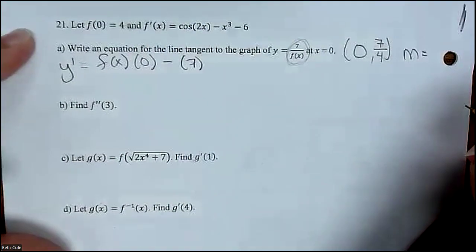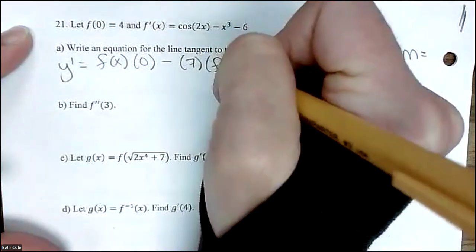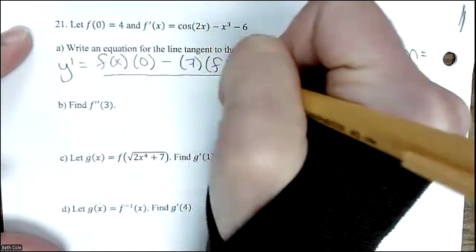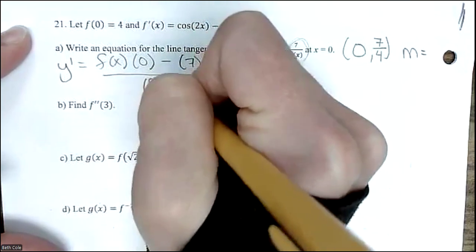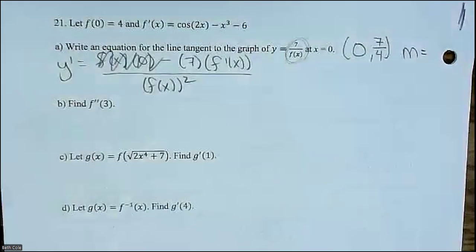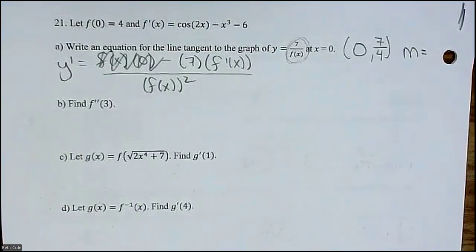Minus the numerator, derivative of the denominator, over denominator squared. And I'm going to just scribble all that out because it's 0, so it's gone. Now, don't put an equal sign. That's a linkage error. Just don't put anything.